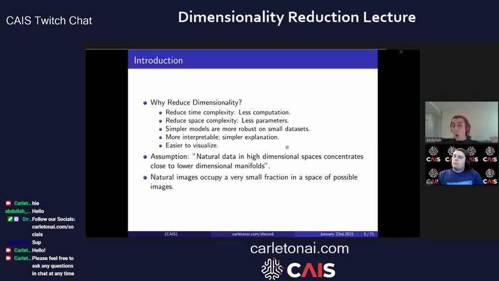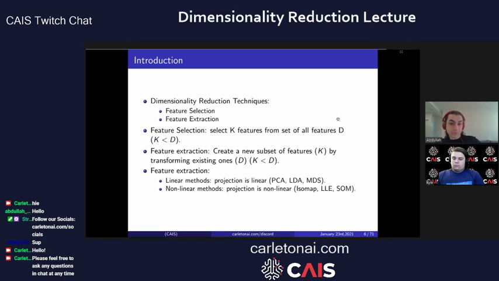So if you think of all the possible images you could generate by just running all the possible values on an image, you end up with a lot of images. However, the natural images that you capture, no matter what's the content of the image, tend to occupy a very small fraction in this very large space of all the possible images. This is why reducing the dimensionality of a data set makes sense, right?